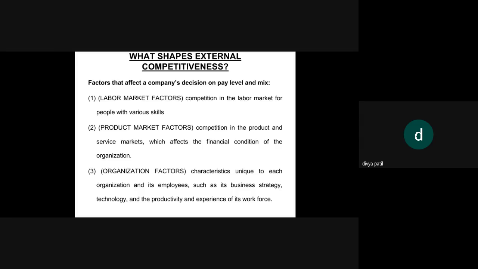See, we have around three major ones here. One is your labor market factor, where the competition is very high to get people with a certain level of skills and knowledge required to perform the job of an organization, where the same type of job is also shared with the competitors. Fine.